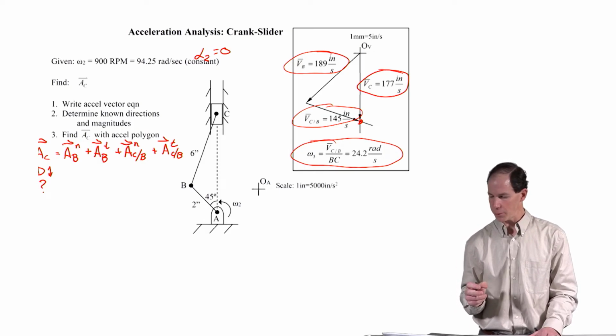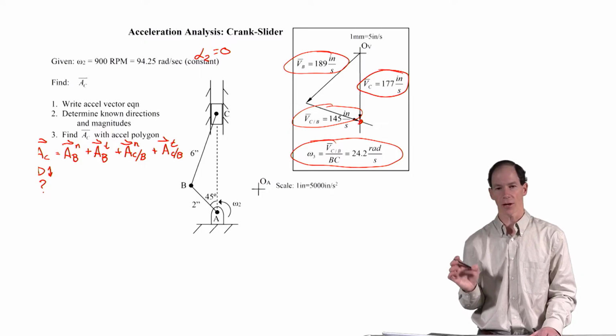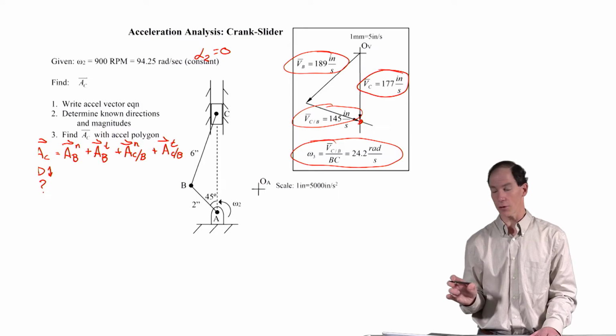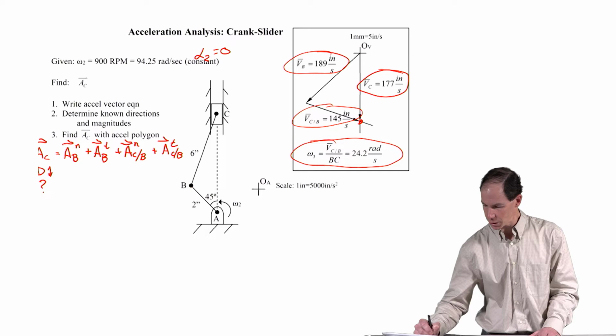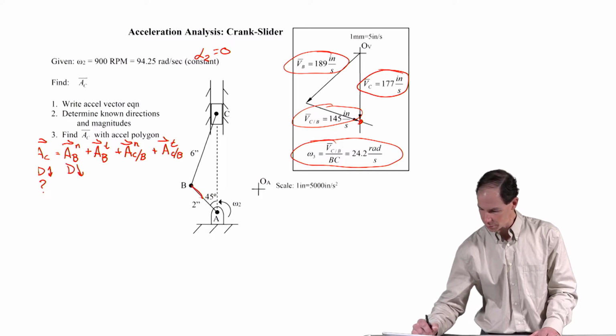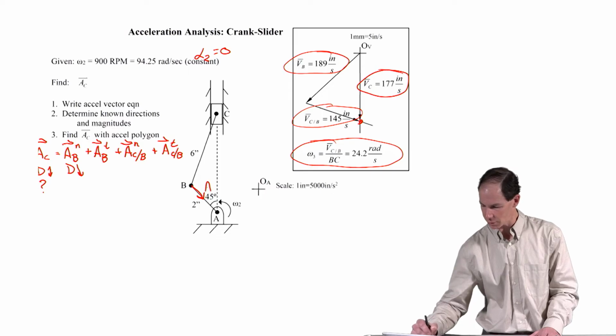And then I look at B. Remember, B is on this link 2 that I happen to know its angular velocity, and I know its angular acceleration is 0 in this case. So the normal component, which is going to be pointing back towards the origin, pointing right back down there, will be the acceleration of B normal.